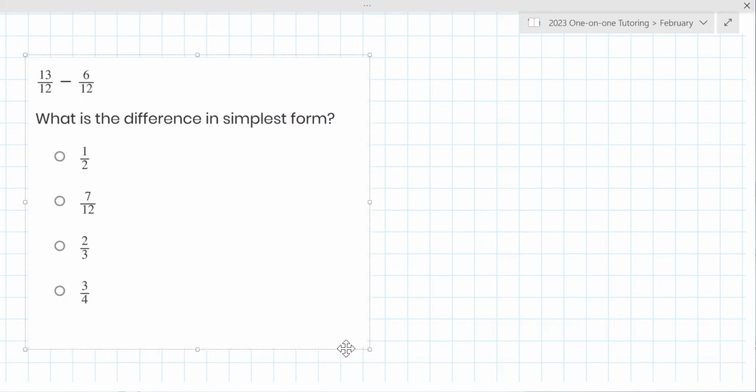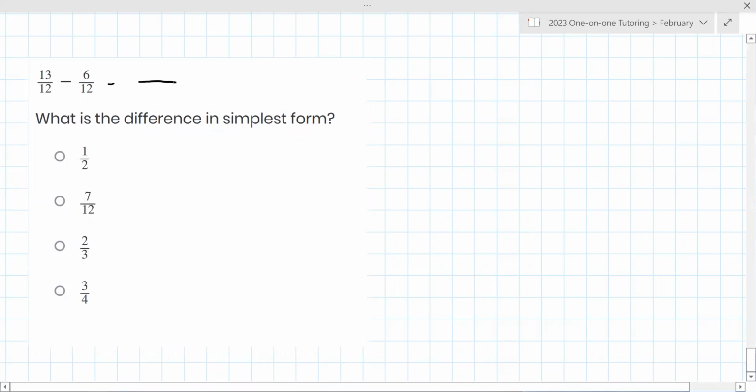Do I divide the next number? Well, tell me what you got when you subtracted. What is your result?